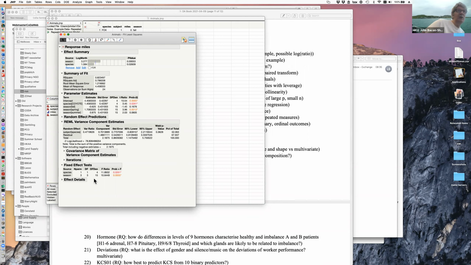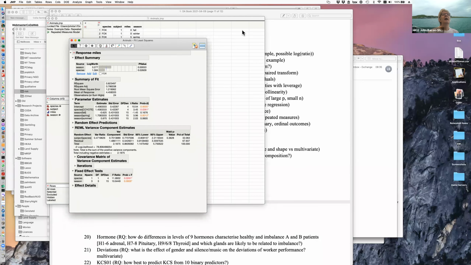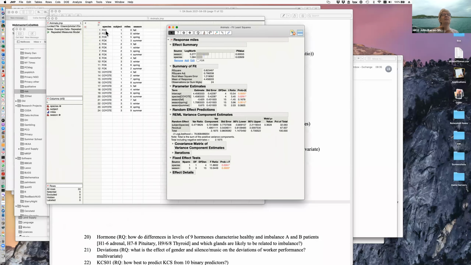And we've also told it that the subject effect is nested within species, so it recognizes that subject 1 inside fox is a different subject to subject 1 inside the coyote. Okay? So this means we can account for both the random effect and we can account for nesting.